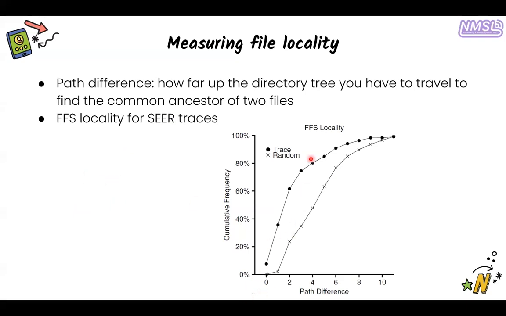Here you can see the trace, which is the trace with the locality enforced. Even about 5 to 8% of file pairs have path difference 0, and just one is still about 40%, right? So it makes sense to actually take advantage of this. If you do it randomly, then you don't actually see these kinds of benefits.